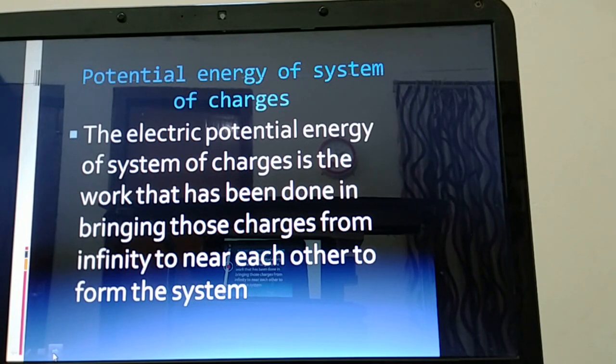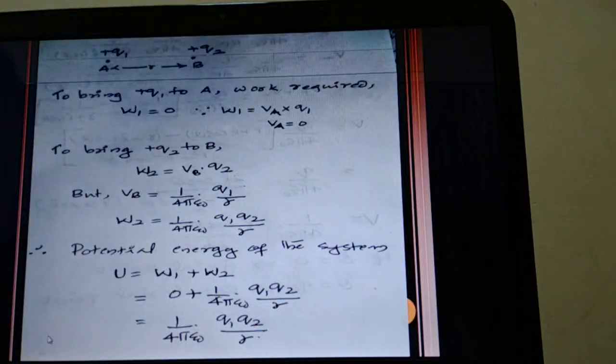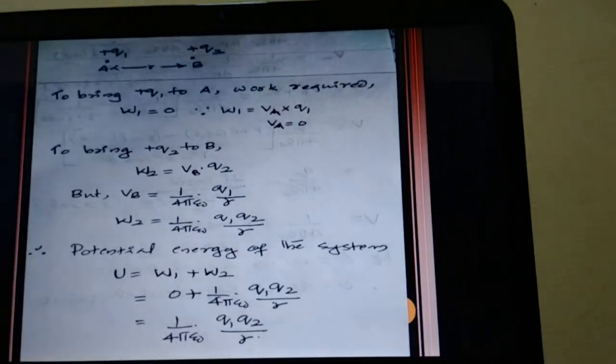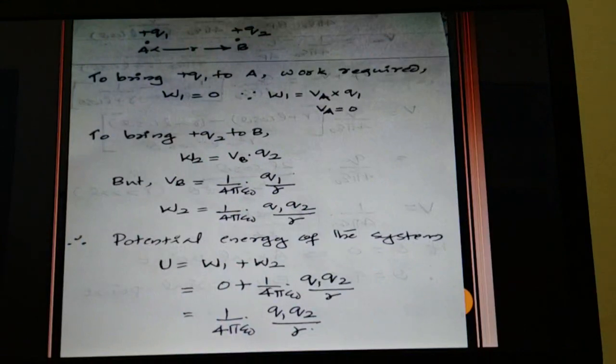If it is still not clear, then we can go for an example. This is a system of two charges, plus Q1 and plus Q2, kept at the respective points A and B, and A and B are separated by a distance R. By the definition, we have to find the potential energy of this system.